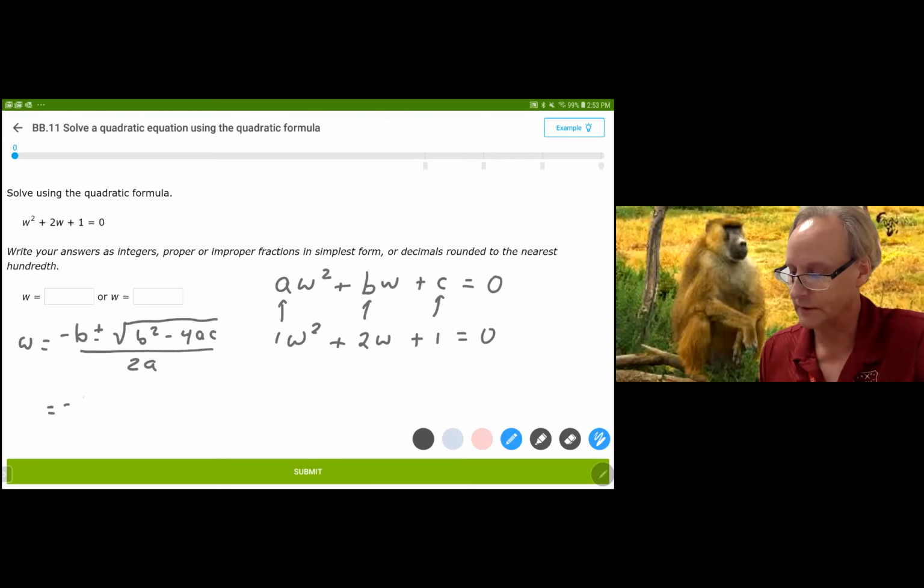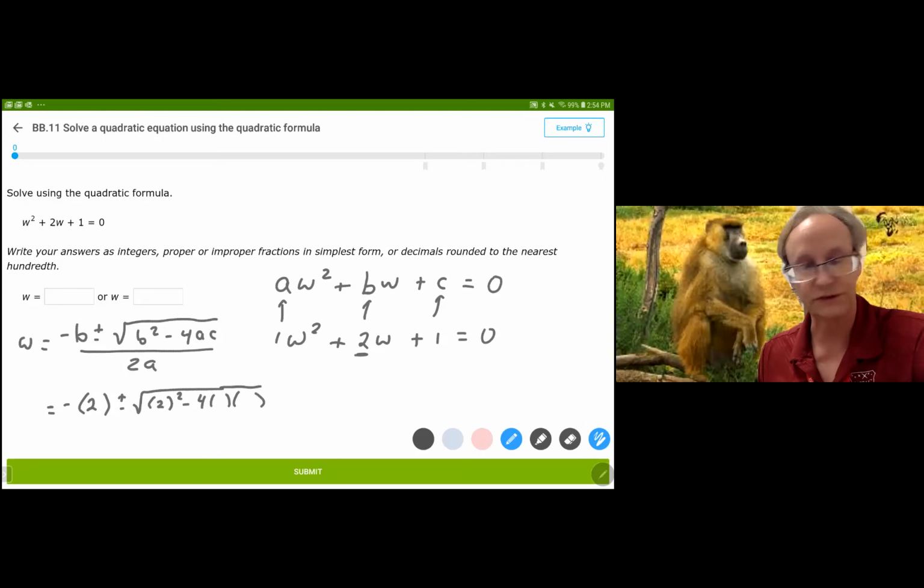We have negative B. Be very careful, because when B is negative, negative B is going to end up being positive. In this case, since B is positive 2, it's going to end up being a negative 2. Plus or minus the square root, B squared, and it is important that you put the parentheses, and I'll tell you why in a minute, minus 4 times A times C.